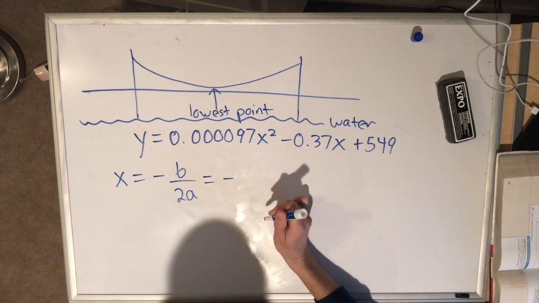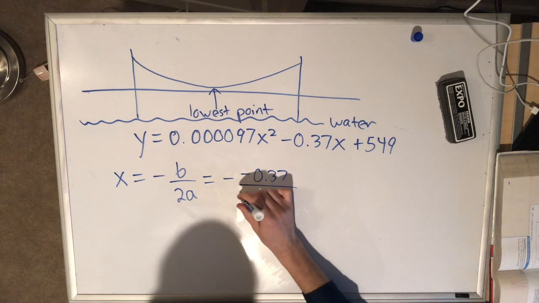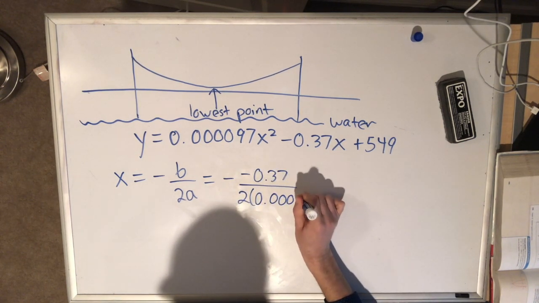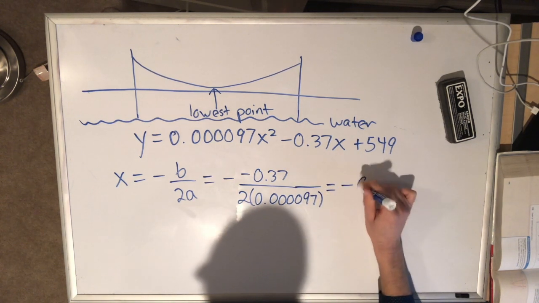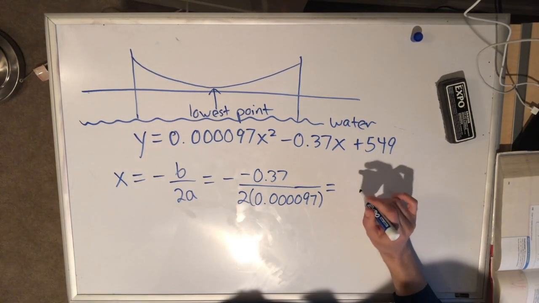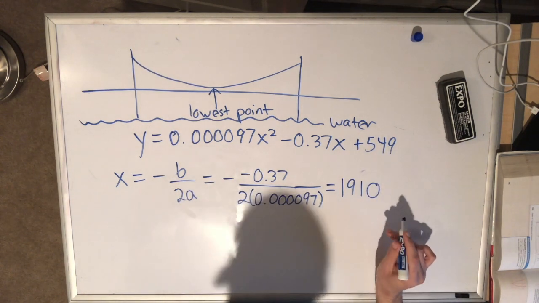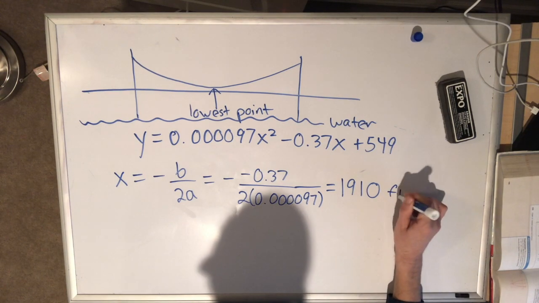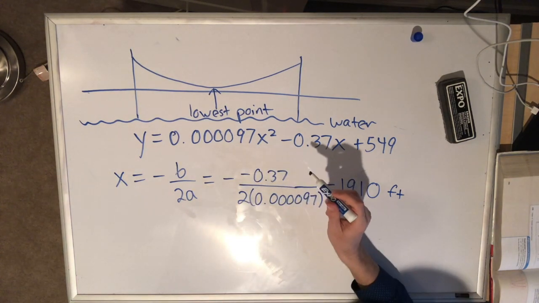Substituting in, that's going to be negative 0.37 over 2 times 0.000097. And if you put all this in a calculator, you're going to get 1,910. The lowest point is 1,910 feet to the right of some arbitrary point that they chose.